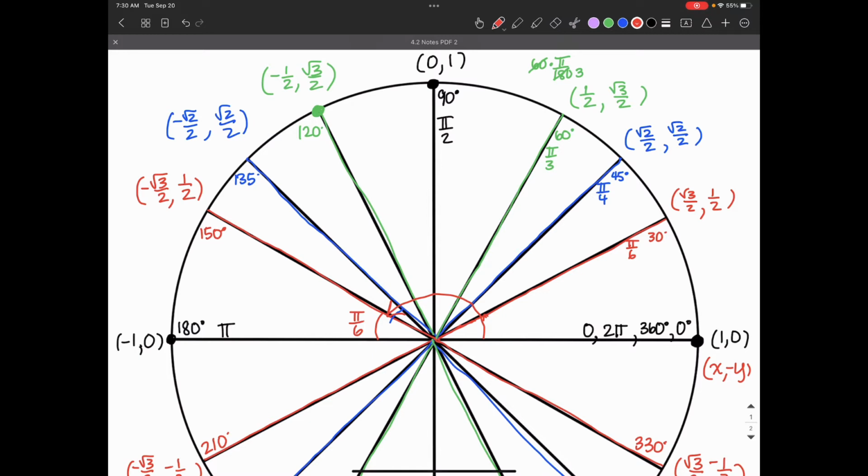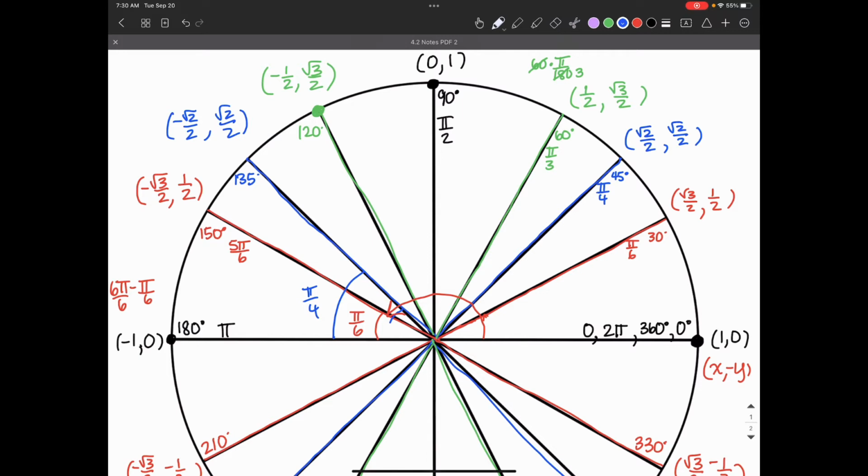I know they have to have the same denominator for me to be able to subtract them. So this is actually 6 pi over 6 minus pi over 6. So this would be 5 pi over 6. For 135 degrees, I know this angle here is 45 degrees. So it's also, in radians, pi over 4.